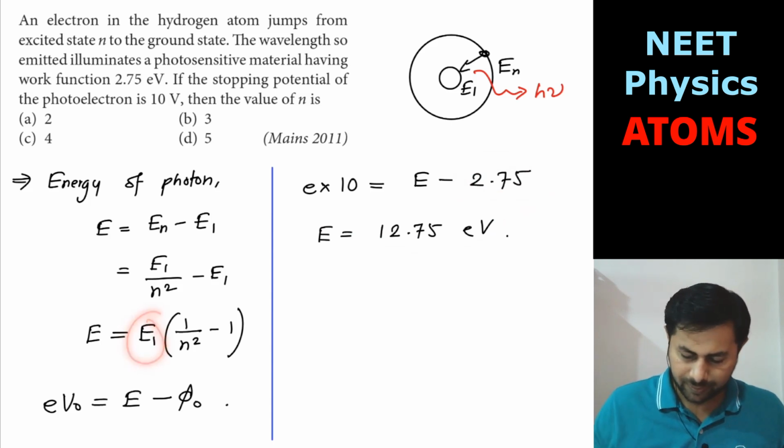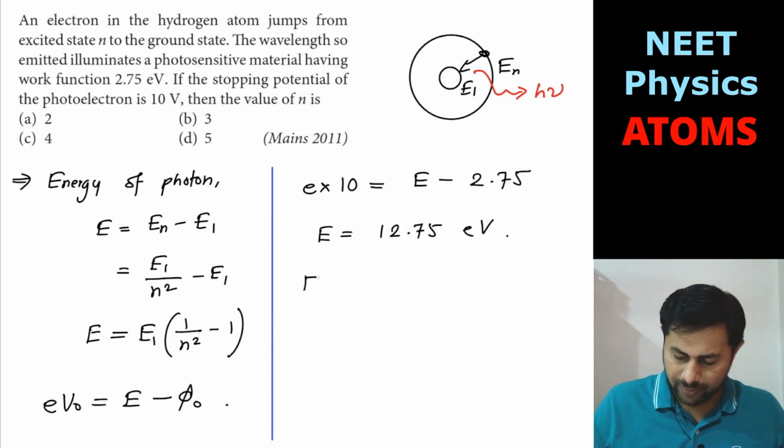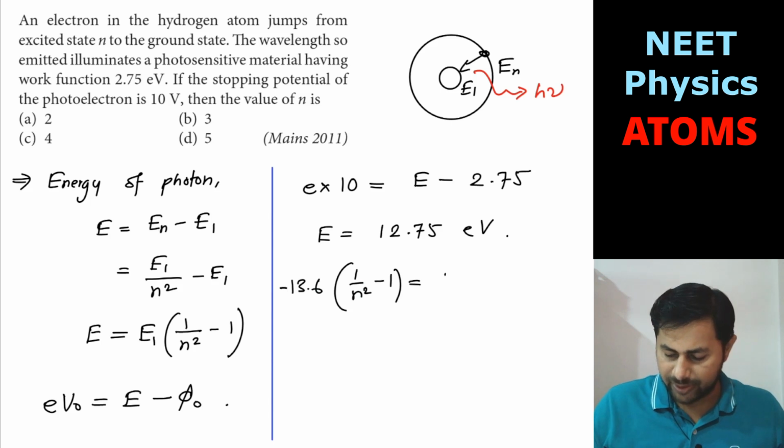E1 multiplied by 1 by N square minus 1, and what is E1? It's minus 13.6 electron volts, so that's equal to 12.75.